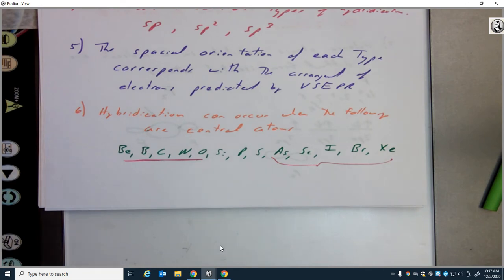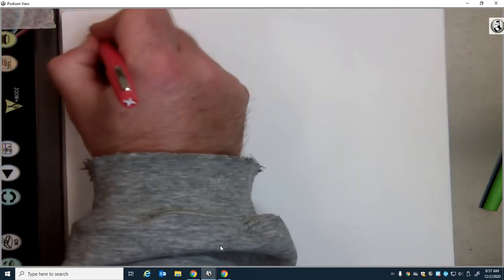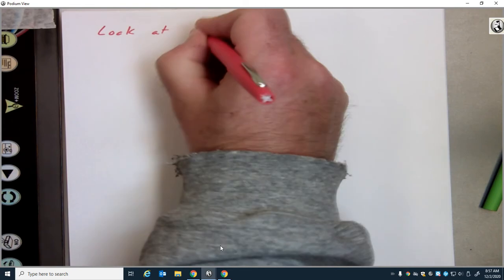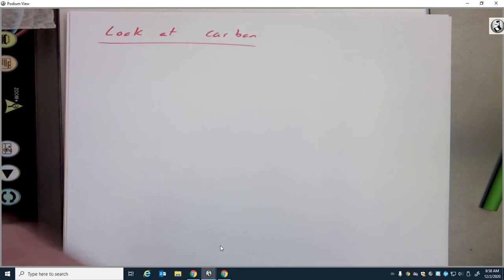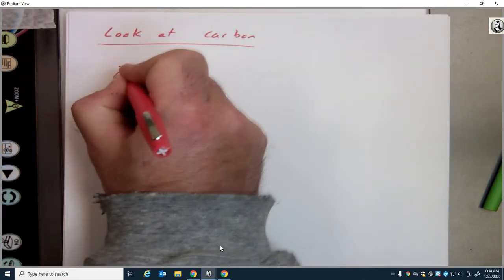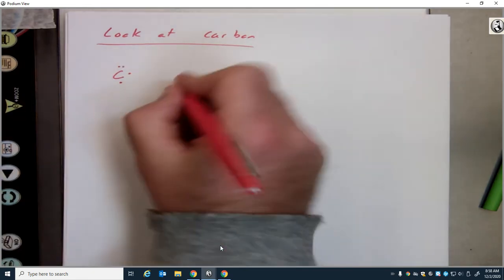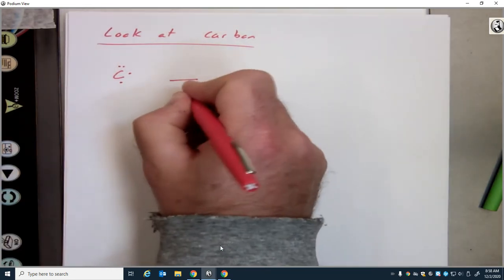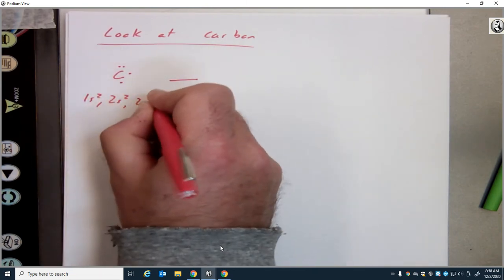Now, what is this hybridization stuff? Well, what I want to do is look at carbon. If we look at the element carbon, its orbital diagram is this. It's got 4 valence electrons, and its configuration is 1s2, 2s2, 2p2.